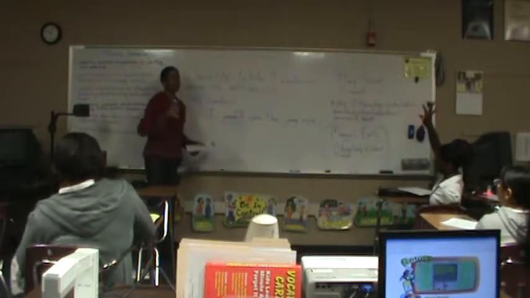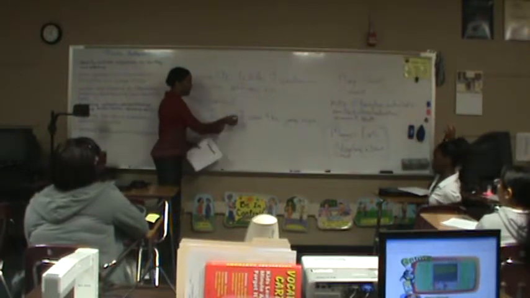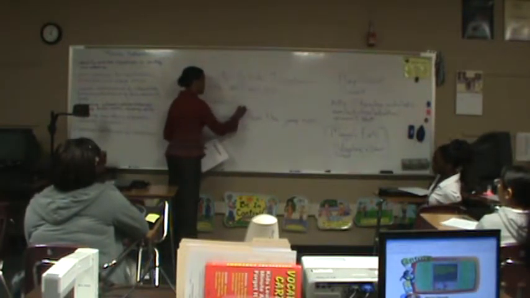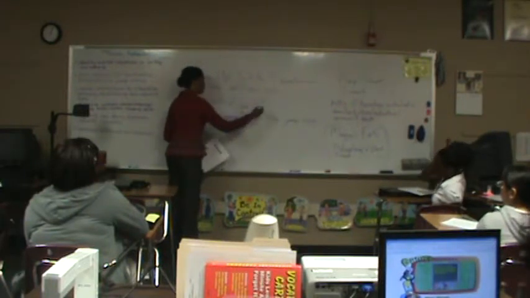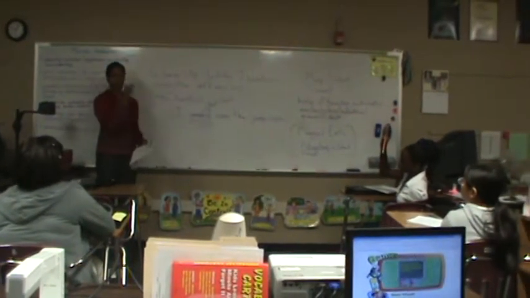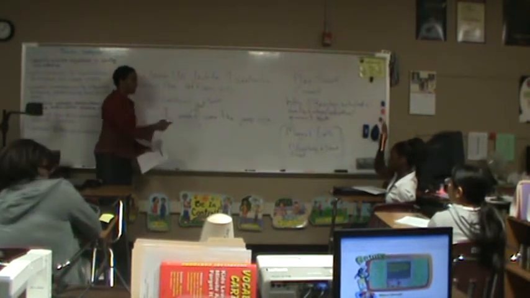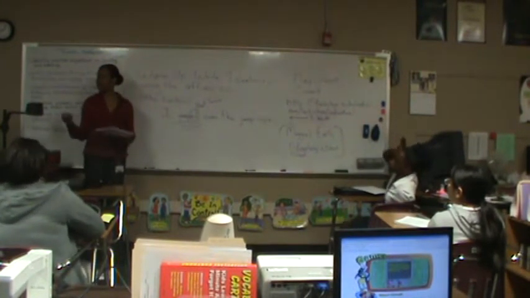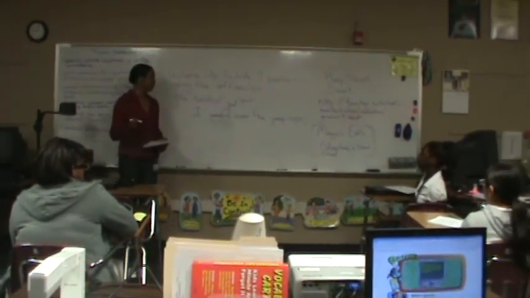It's not something that's going to happen in the future, and it's not happening now. It has already occurred. Does everybody understand? So the suffix ed lets you know it has already taken place. Does everybody understand, Khadidra?